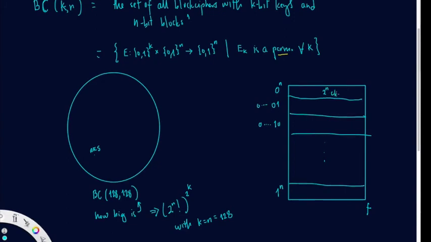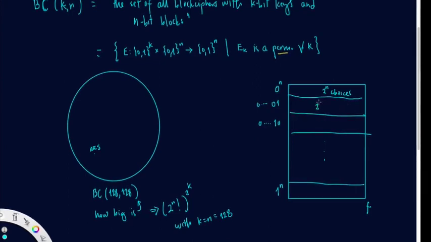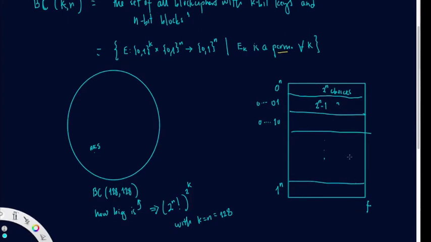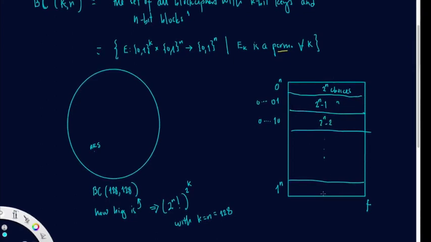So 2^n choices for this part of the table. Now, how many choices are there to fill in this part of the table? Well, we know that there are 2^n - 1 choices because, if it's going to be a permutation, then it can be any value except the one you just used. And there are 2^n - 2 choices for this one, and so on. And by the end, there's only one choice left, right?